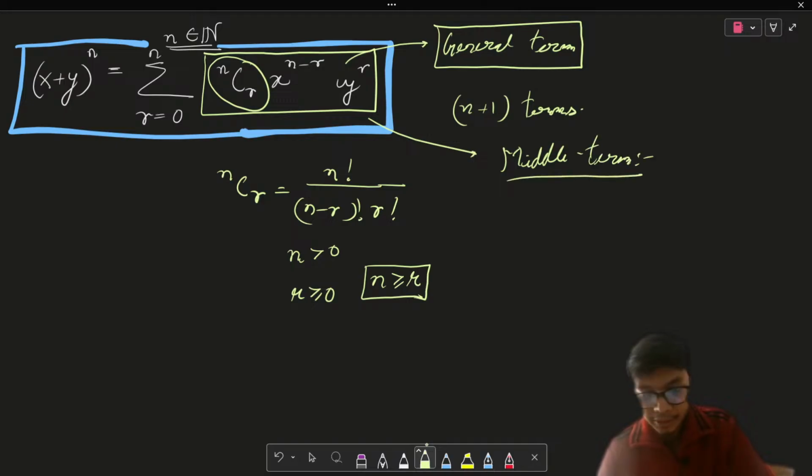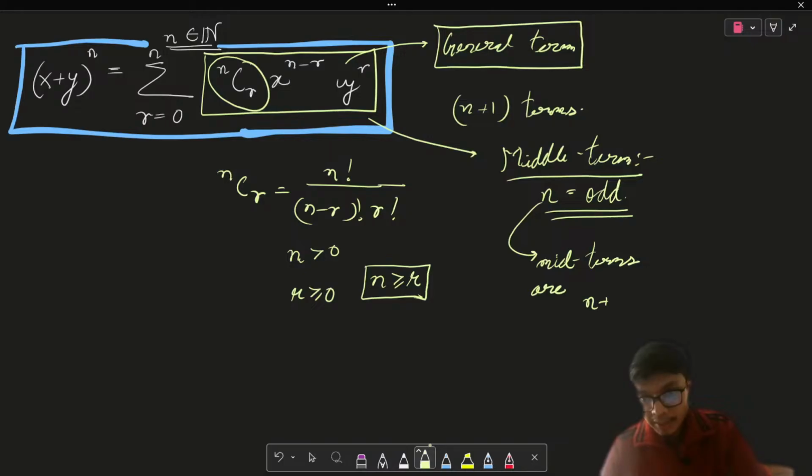If we need to talk about the middle term, the middle term of this expansion can be found depending upon the value of n. If n is odd, then n plus 1 is even, and in this case my middle terms are the (n plus 1) by 2th term and the (n plus 3) by 2th term. Okay, so these are the two middle terms I will have.